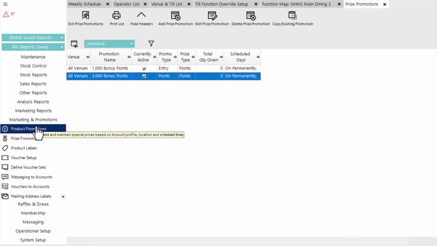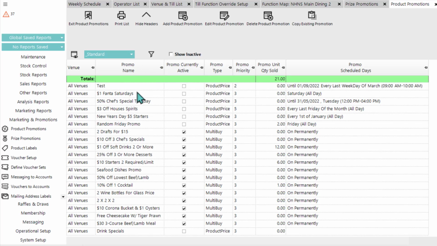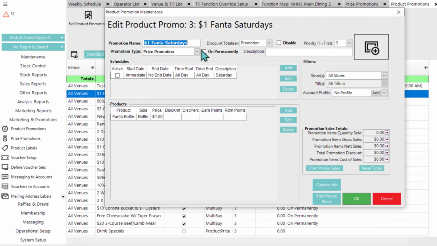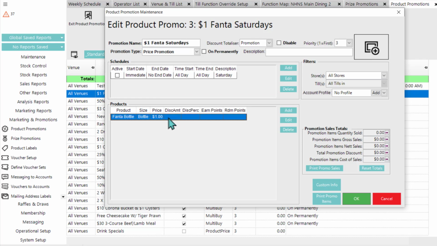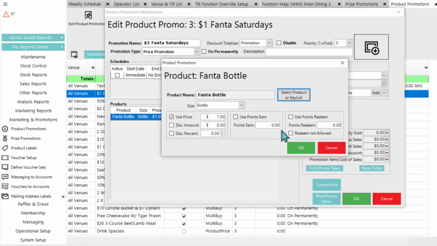And finally, for product price promotions, I'll just open one here. For price promotions and for voucher promotions, there are a number of points options to consider when we are adding products to them. So yeah, of course, aside from setting any discounts to be applied when the promotion is active, we can also set it, or we don't need to actually set a discount here.